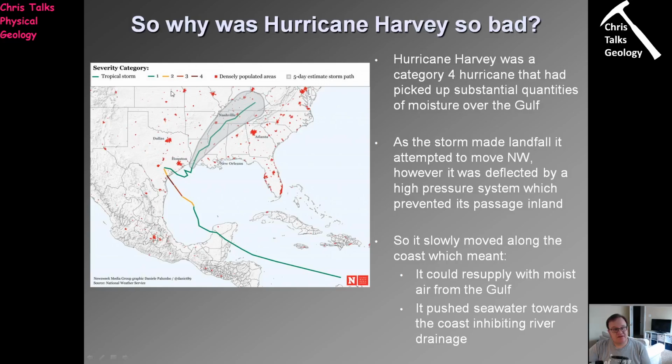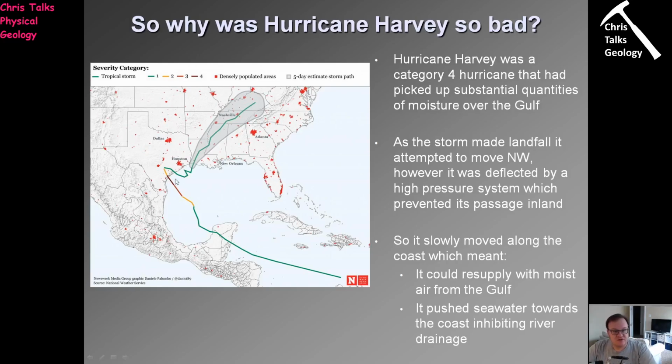It just so happened that at that exact time there was a big high pressure area right here. So as the hurricane tries to move northwest, it keeps hitting this high pressure region, bouncing off the side of it. Instead of being able to move northwest, it's forced to move northeast, because there's this big high pressure region blocking its path. That forced the hurricane northeastwards towards Houston.